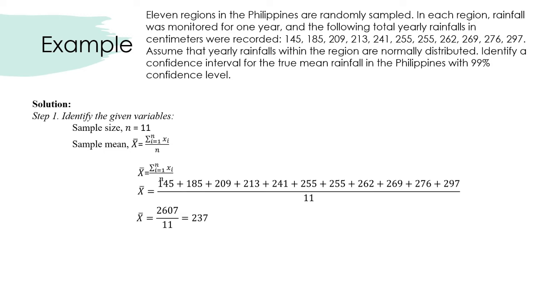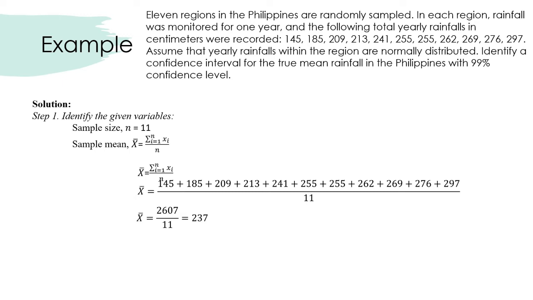Let's have our solution. We have step 1. Identify the given variables. We have our sample size, that is n, that is equal to 11. For our sample mean, that is your x bar, having a formula of summation of all x divided by n. For the summation of all your x, we will now have 145 plus 185 plus 209 plus 213 plus 241 plus 255 plus 255 plus 262 plus 269 plus 276 plus 297 divided by 11.